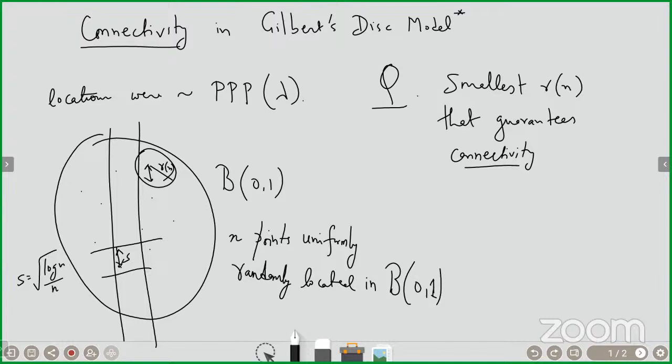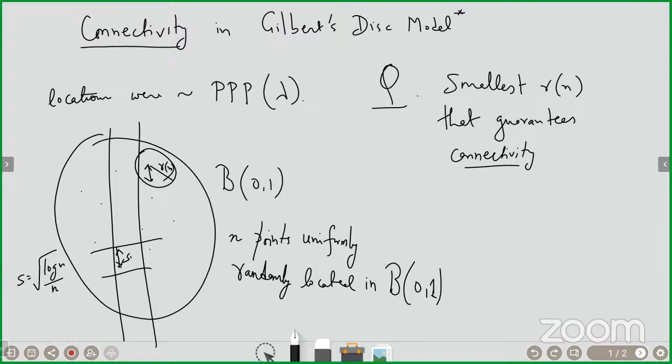So suppose that independent of R_n, I just drew a grid with side S. Using Chernoff bound, you can show that every single such box contains roughly log n points with high probability. Over all of them, not just one.